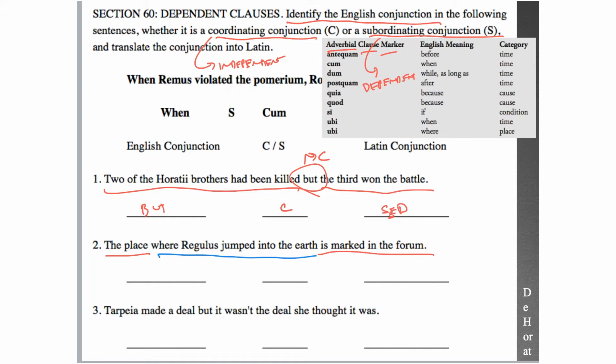And important to note that this is not a question, right? Where here is a conjunction in the middle of a sentence rather than a question word. All right? So this is going to be a dependent, a subordinate conjunction. All right? And where, of course, is the English. And it's going to be ubi. All right? Now, I will leave the rest for you to do.